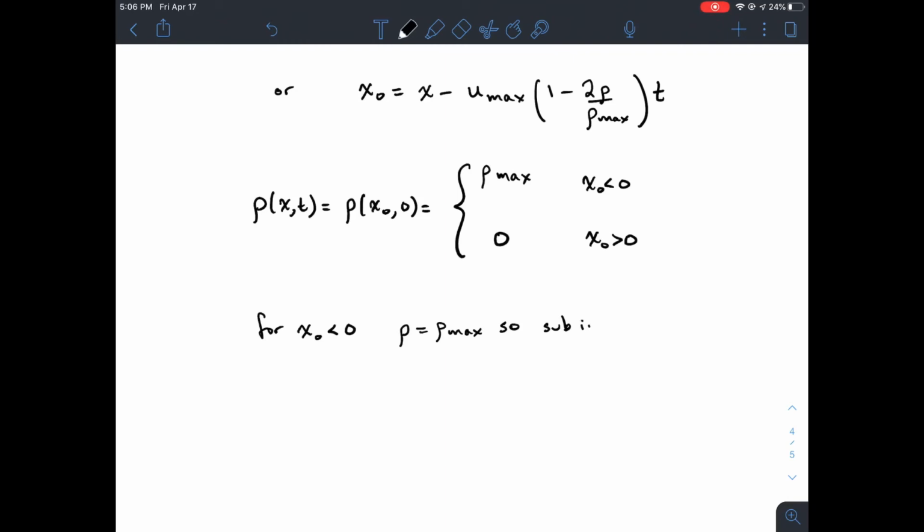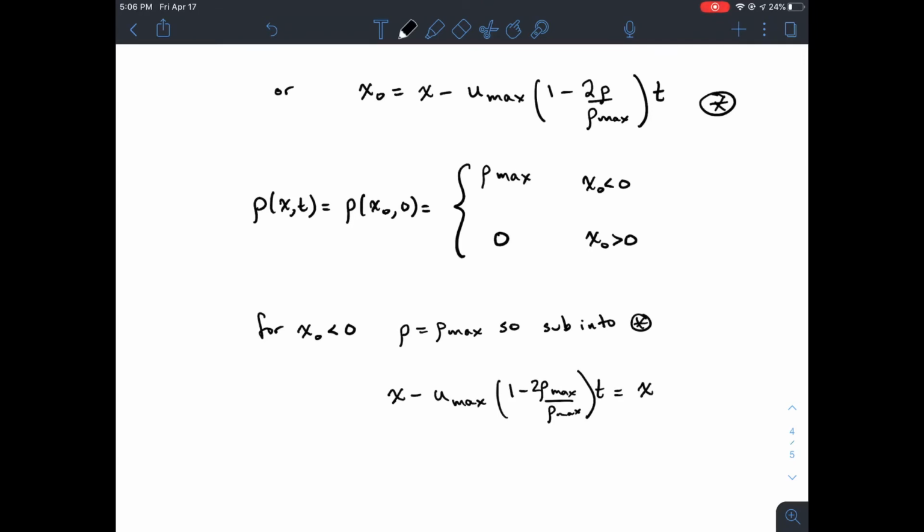So if I substitute that into the equation for the characteristic, that star equation, I'm going to have x naught be x minus u max times 1 minus 2 rho max over rho max, right? So I'm stuffing that into there.